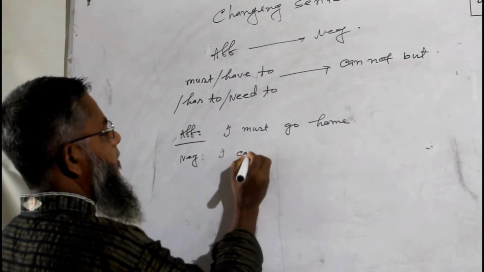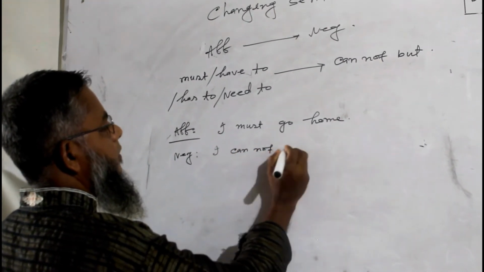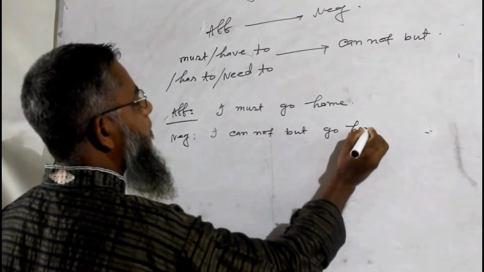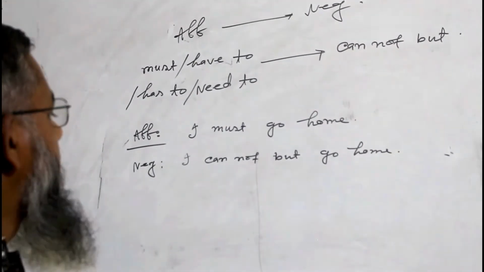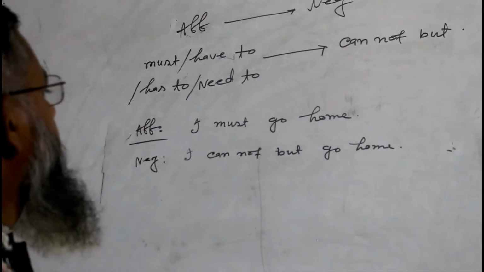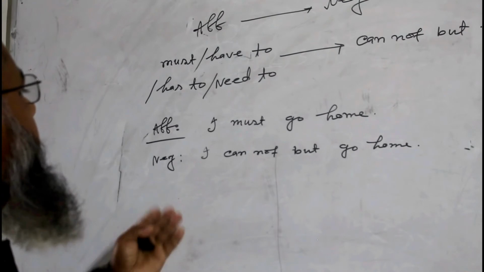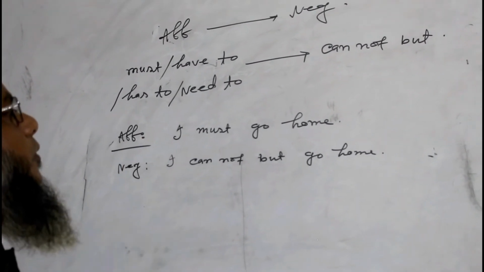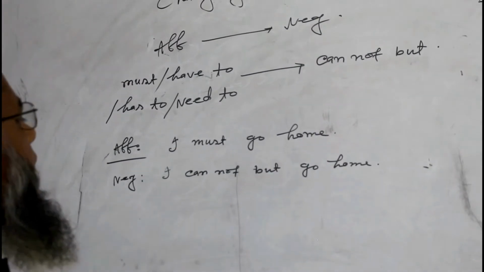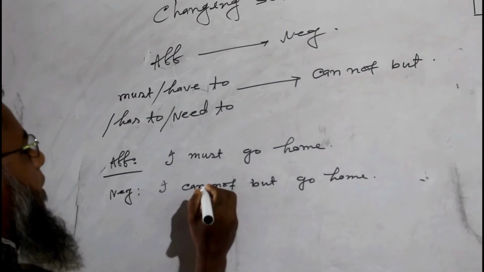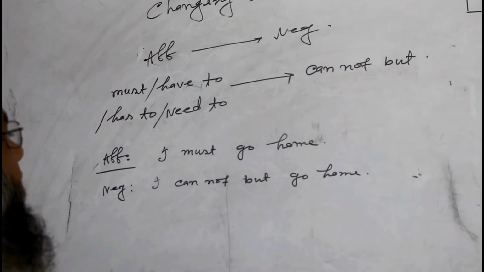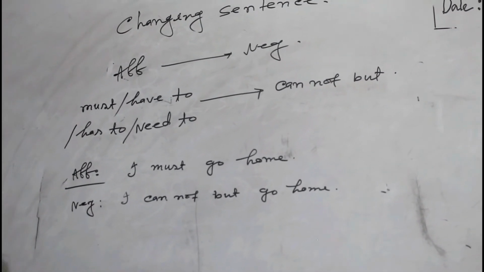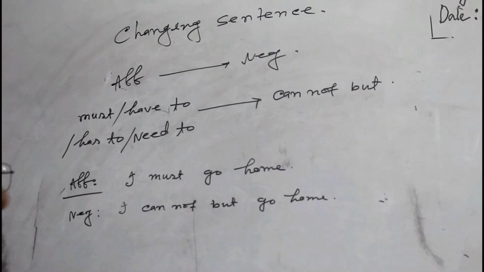I cannot but go home. In this way, if you see that any affirmative sentence has have to, had to, has to, need to, you should use cannot but instead of must.